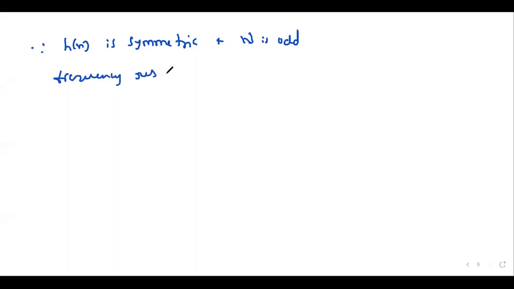Because of these two statements, we can define the frequency response. Since h of n is symmetric and n is odd, the frequency response of a linear phase FIR filter.